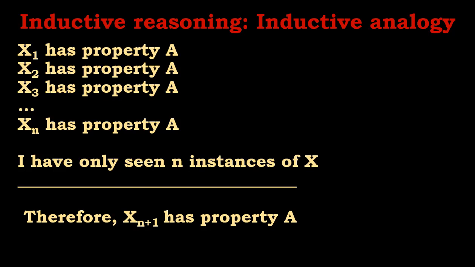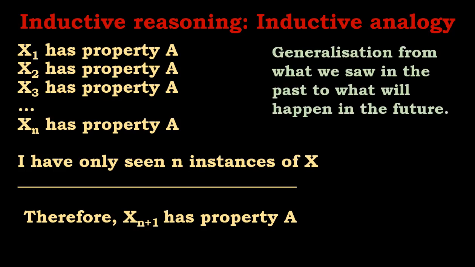Conclusion: therefore, the next instance of x, x 100,001, has property A. So we make a generalization from what we saw, a number of instances of x, to what will happen in the future. The next time we encounter an instance of x, we predict that it will have property A.